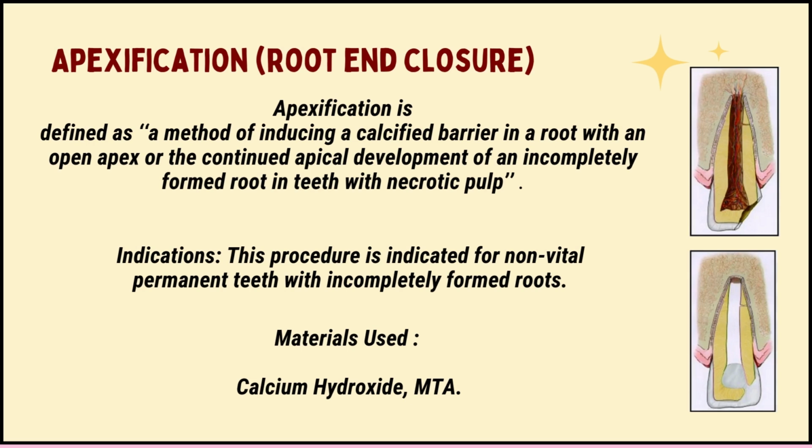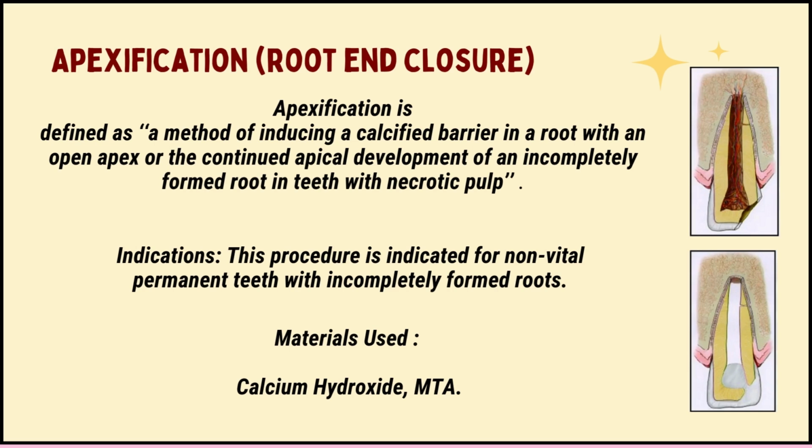By definition, apexification is defined as a method of inducing calcified barrier in a root with an open apex or the continued apical development of an incompletely formed root in the teeth with necrotic pulp. That is, by the process of apexification, either a calcified barrier at the open apex is formed or there are chances of a continued apical development in incompletely formed root in the case of a tooth with necrotic pulp.